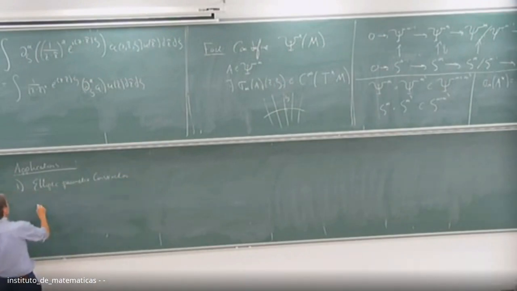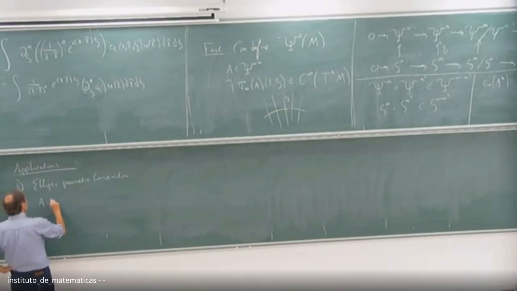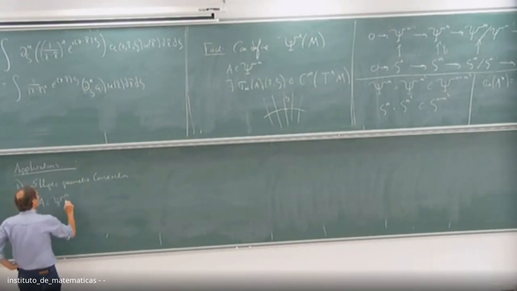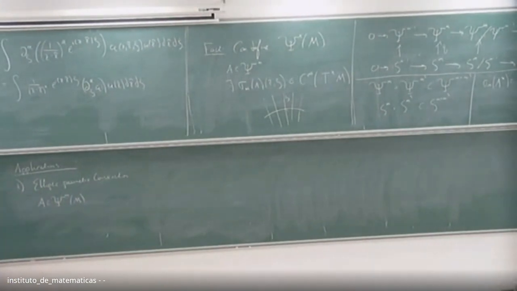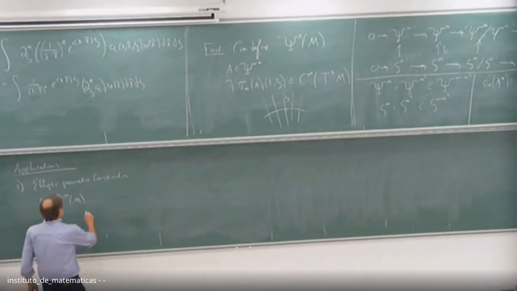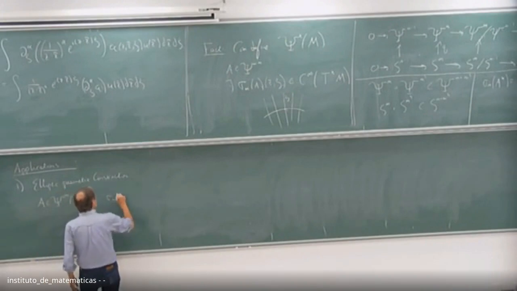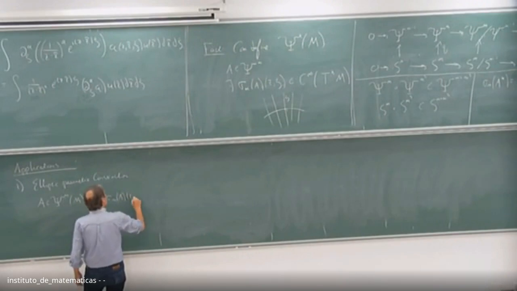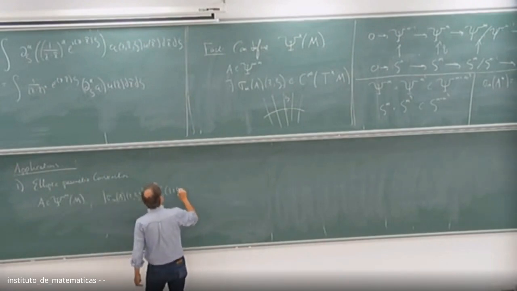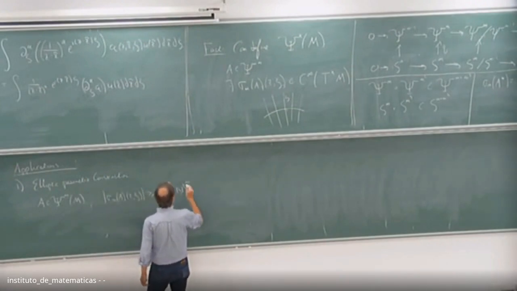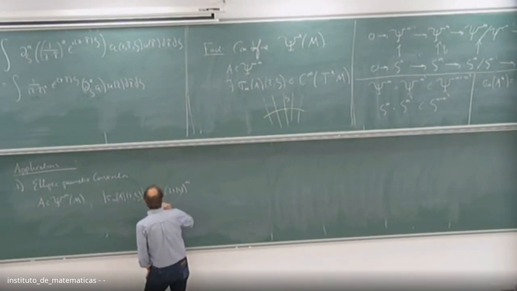So this says the following. Suppose I have an A, which is a pseudodifferential operator of order m. This is defined on some manifold. For the moment this manifold doesn't need to be closed. It can be an open set in R^n. And suppose that the following is true. If I take the principal symbol, suppose that it's bounded from below by 1 plus mod zeta to the m, for mod zeta bigger than some constant.